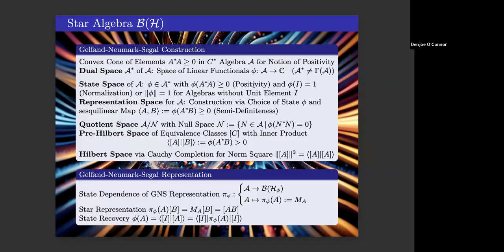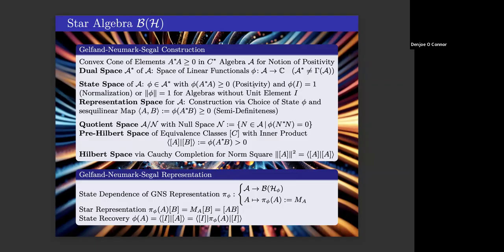And then how you get your representation of bounded operators in the Hilbert space from this abstract C-star algebra A is that as a representation space, you first have to pick a state. So you have those linear functionals, states on your algebra. Now you have to pick a state. Now the representation will be state dependent. And if you do this, then you can introduce this map, which for now is semi-definite, because all those linear functionals are greater or equal to 0.